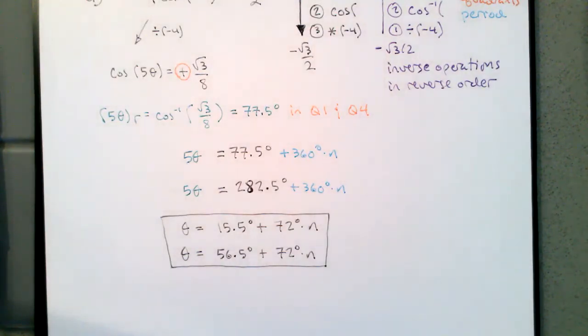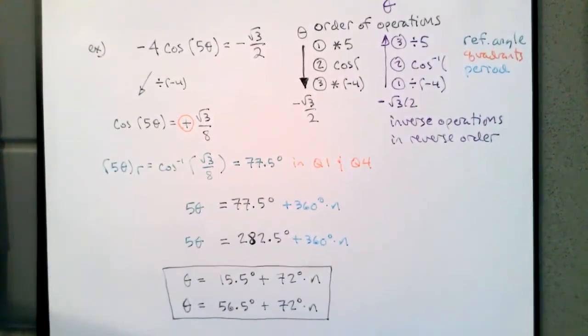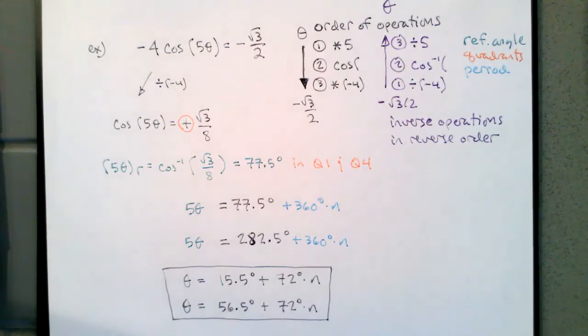Any questions? We're solving by doing inverse operations in reverse order. Rather than just looking at the equation and trying to figure out what to do next, we actually write down what's going on in the expression so that we can figure out inverse operations in reverse order.